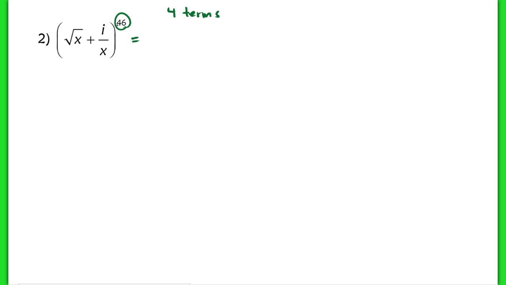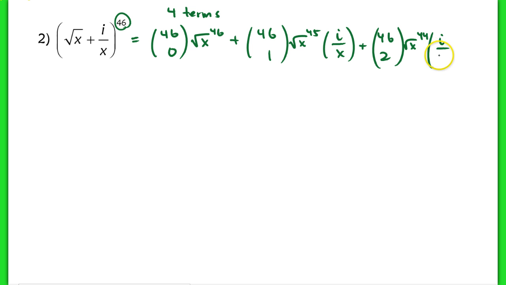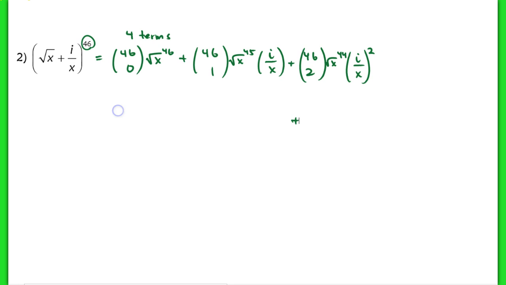Okay, so we've got 46 choose 0 times the square root of x to the 46th power plus 46 choose 1 times root x to the 45th power multiplied by i over x to the first, then plus 46 choose 2 times the square root of x to the 44th power times i over x squared, and then let's sneak this last one in down here. I'll just move this over.